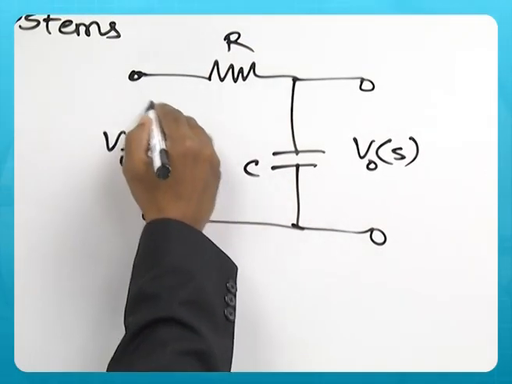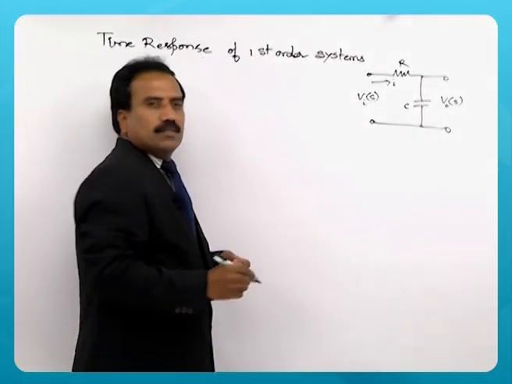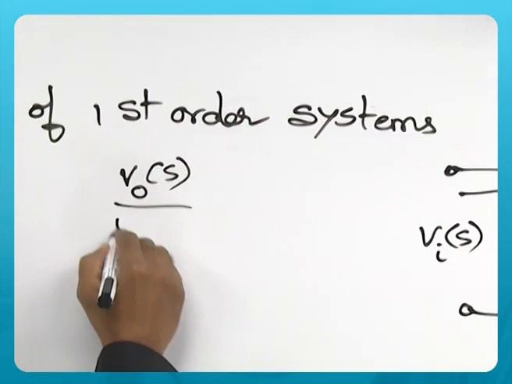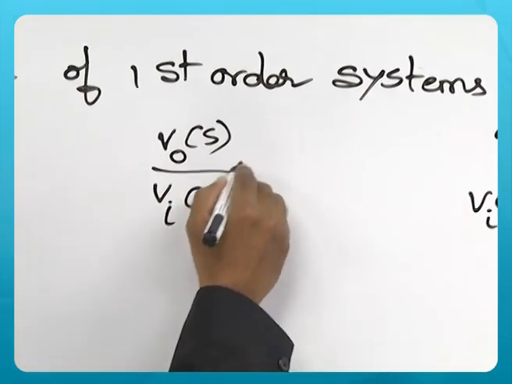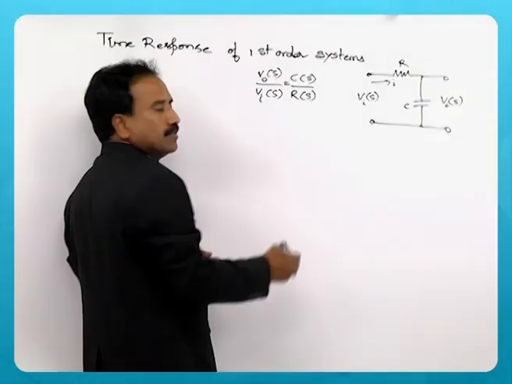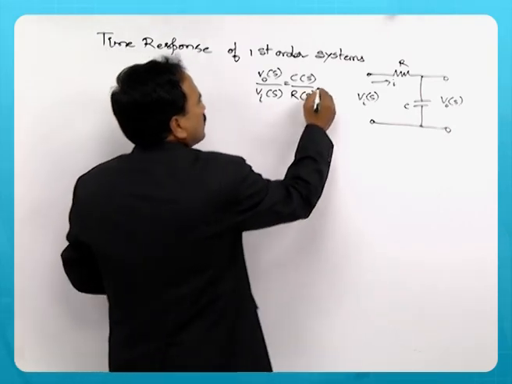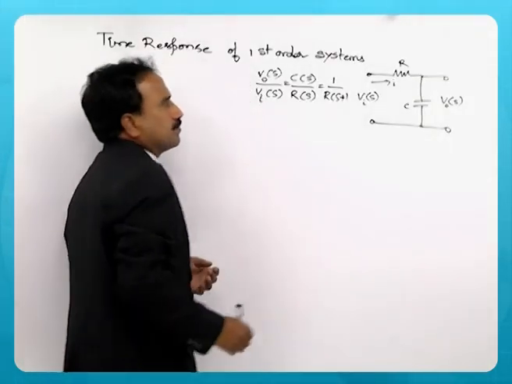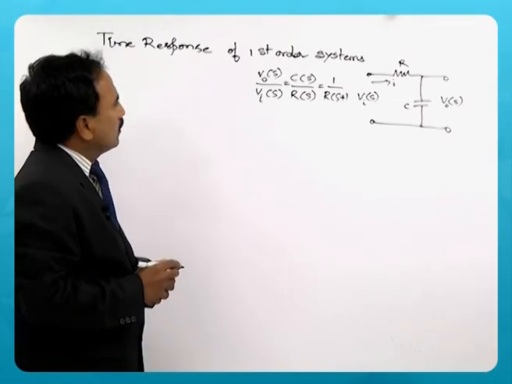So, for this RC circuit, the transfer function is V0 of s by Vi of s. In general, it is called C of s by R of s, which is 1 by RCs plus 1.